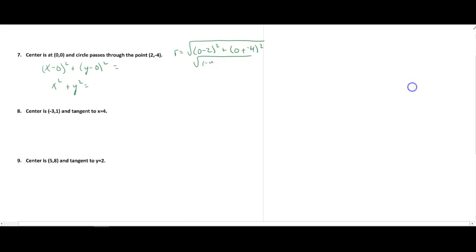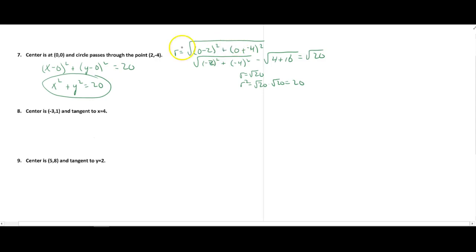That's going to give me negative 2 squared plus 4 squared, which is going to give me the square root of 4 plus 16, which is the square root of 20. So if the radius is the square root of 20, the radius squared is root 20 times root 20, which is just 20. And that could go over here. So either one of these equations would be correct.